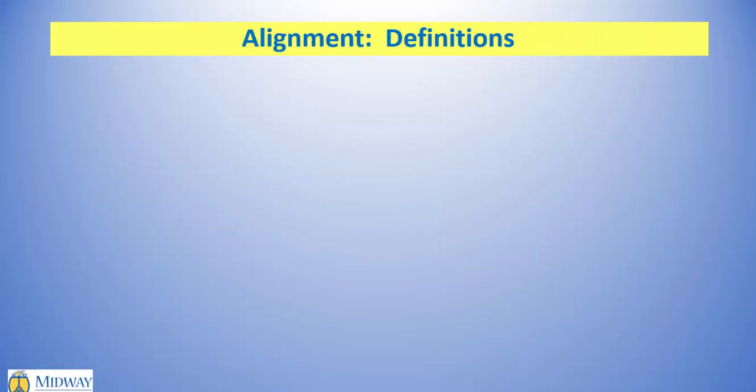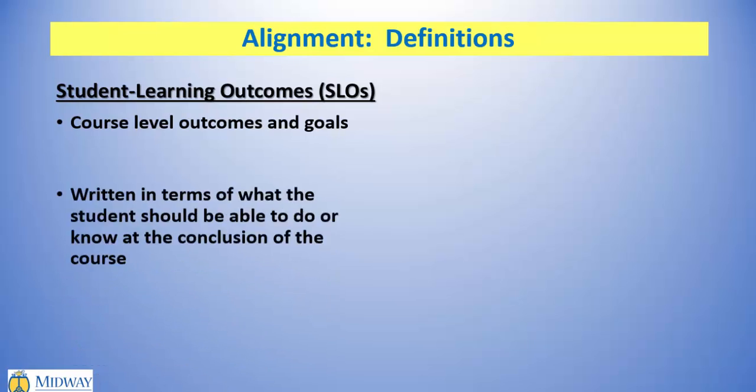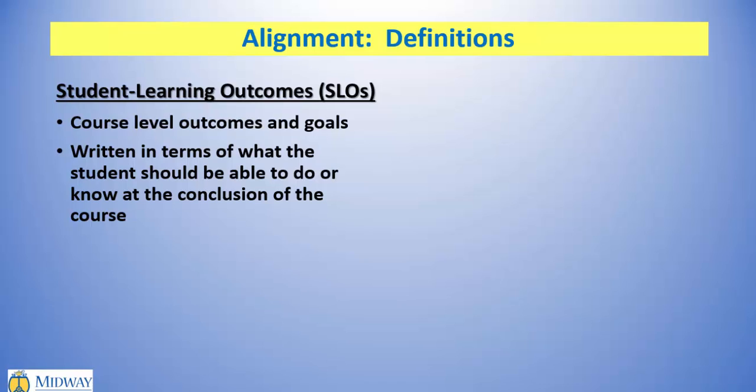To begin the course alignment process, we need to define a few phrases so that we are all on the same page. As you know, SLOs refer to the student learning outcomes and correspond to the course level goals. They are written in terms of what the student should be able to do or know at the conclusion of the course.